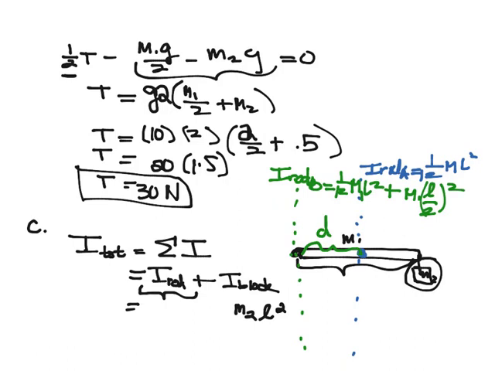Okay, so we essentially have I total is equal to, I'm going to move this over a little bit, I rod plus I block.